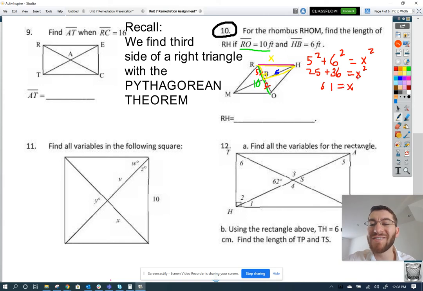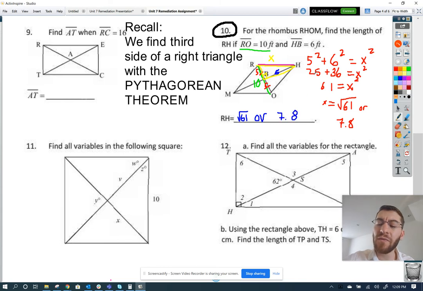When we have just x squared, we want to take the square root of both sides. So x is going to be the square root of 61, or we could have a decimal approximation. The square root of 61 is approximately 7.8. So let's put that as our answer: the square root of 61, or 7.8.